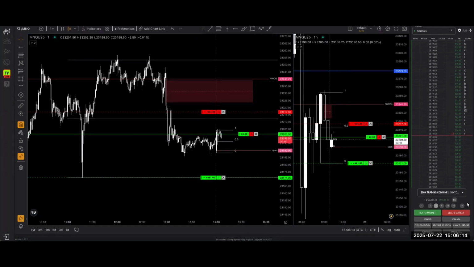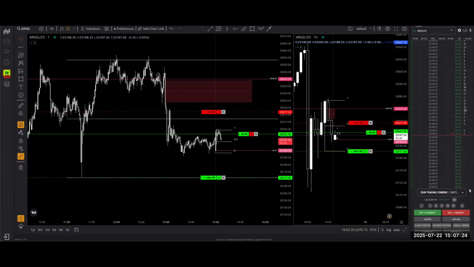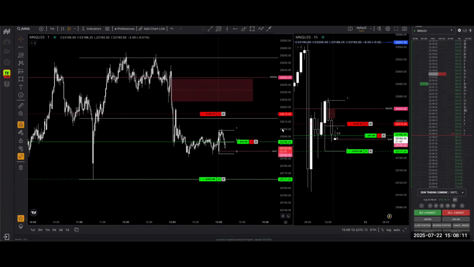So I'm getting ready to sell it to 71. What I like about this as well is that we have a lot of liquidity right here as well. So maybe we can just get that quick flush down. So you can see the hourly, there's a wick on top now. So hopefully we get that momentum pushed down.